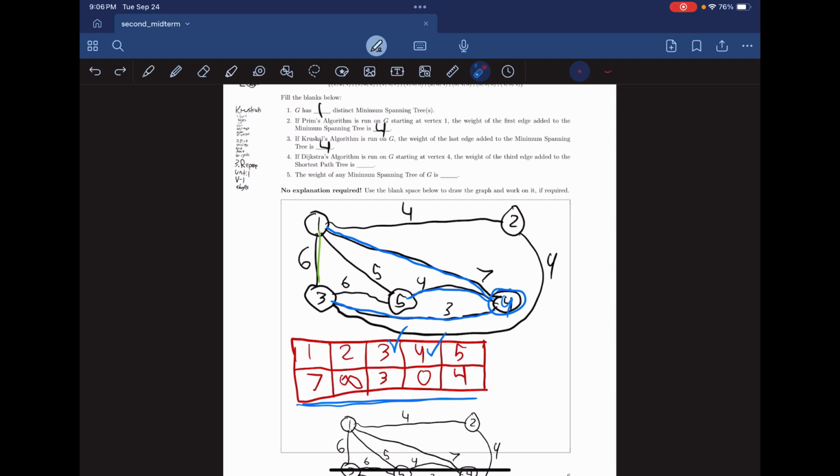Or is it worse than what we already had set up for 1? Because 9 is greater than 7, we know that this path between 1 and 4 is better. So we are not going to add this edge 1 to 3 into our system.